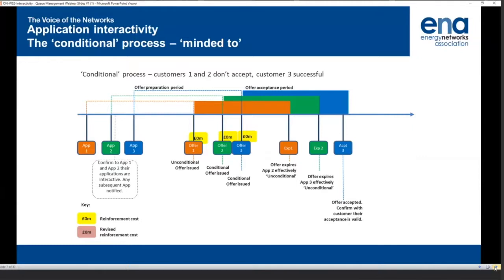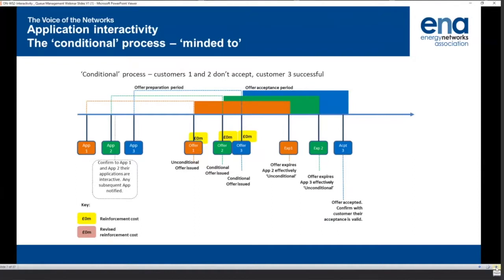Customer 2 decides not to accept their offer as well, and then customer 3 chooses to accept their offer, and because customers 1 and 2 have effectively expired, customer 3 can accept their offer. There's now no one ahead of them to affect them, so the original offer they've had is still valid and can proceed on that basis.